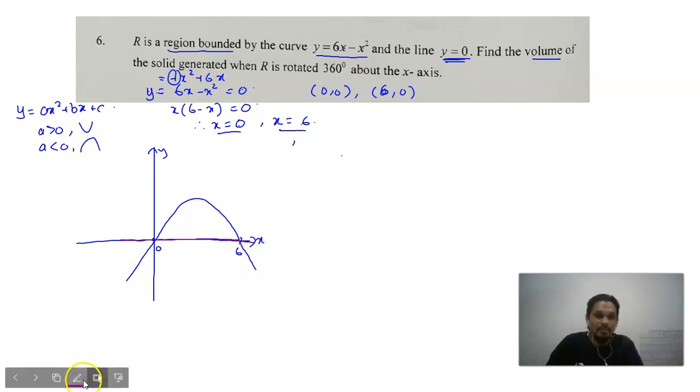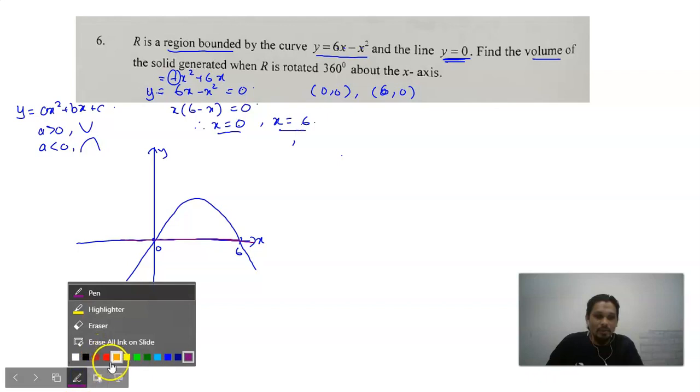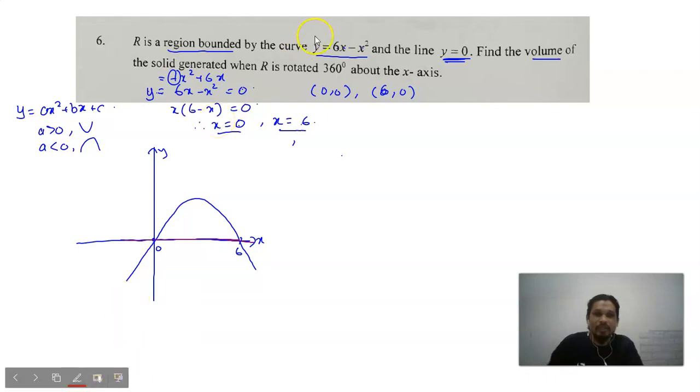So guys, girls, where is the area that is bounded by the curve and the line? Yes, it's here. Okay, so just imagine that the area we call R is the region bounded by the curve. The question is to find the volume. The question did not ask us to find the area, we just find the volume.